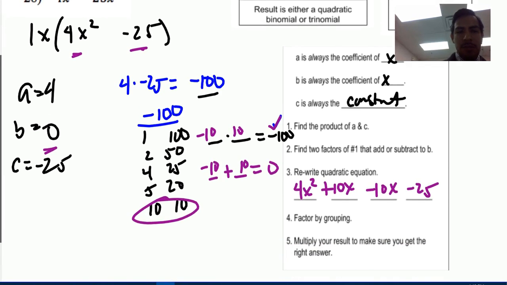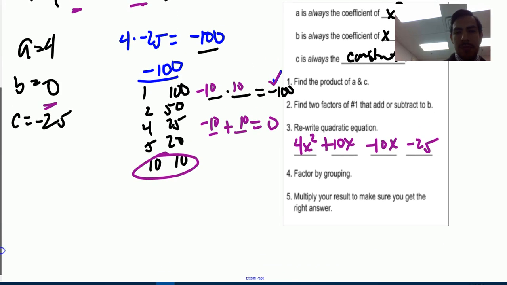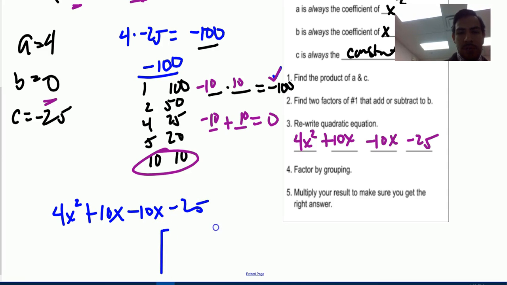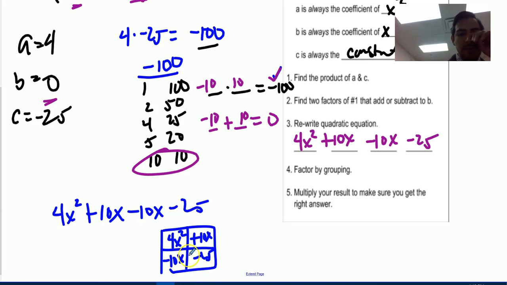Okay, so now let's factor by grouping. So we got 4x squared plus 10x minus 10x minus 25. Let's go and draw our box. Here's 4x squared, here's plus 10x, here's minus 10x, here's minus 25.